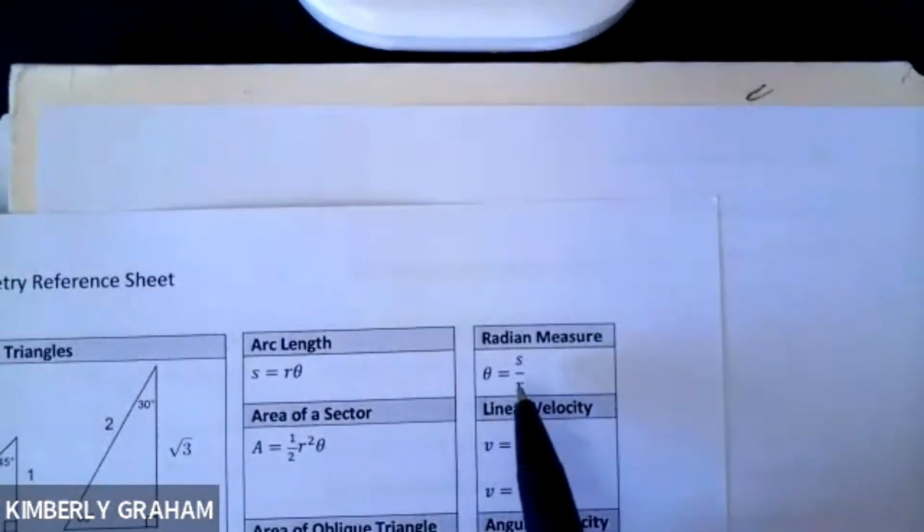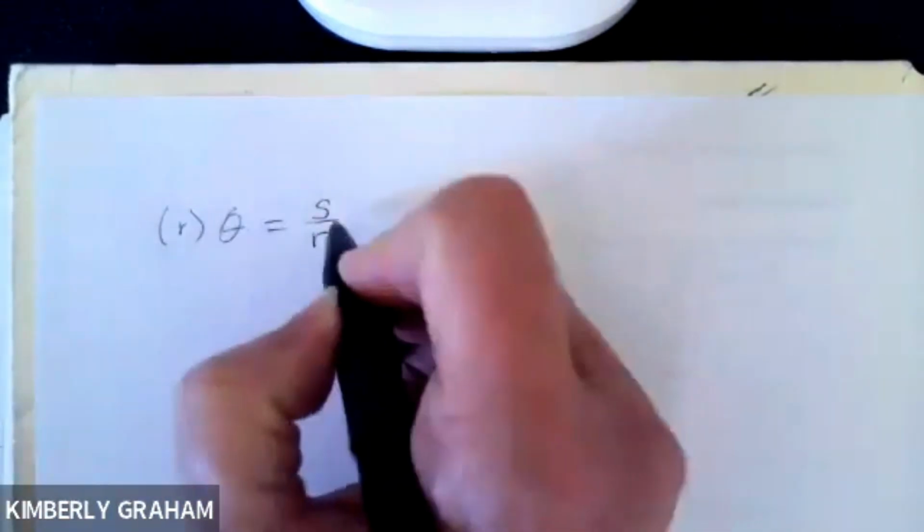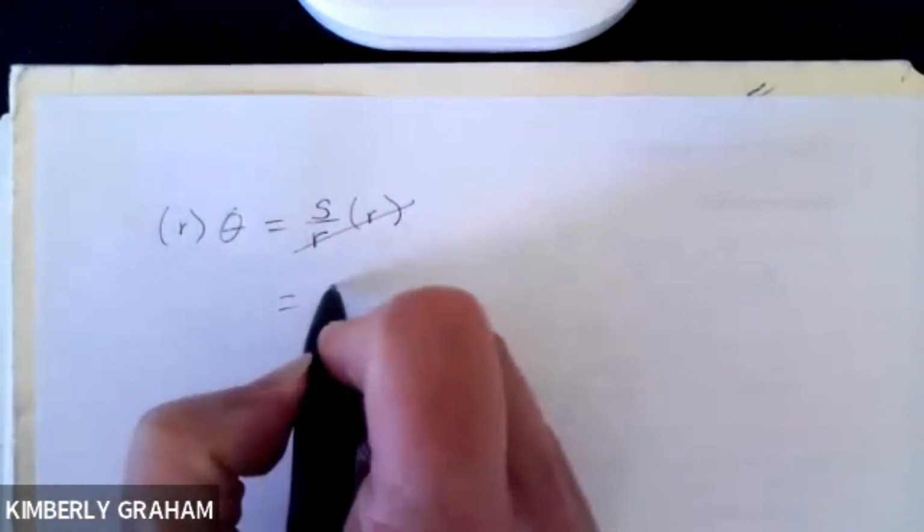In this video, we're going to be looking at arc length. And what I want to start off with is looking at this definition of radian measure, theta equals S over R. And I want to solve this equation for S, the arc length. So if I multiply both sides of my equation by R, my R's will cancel on the right-hand side.